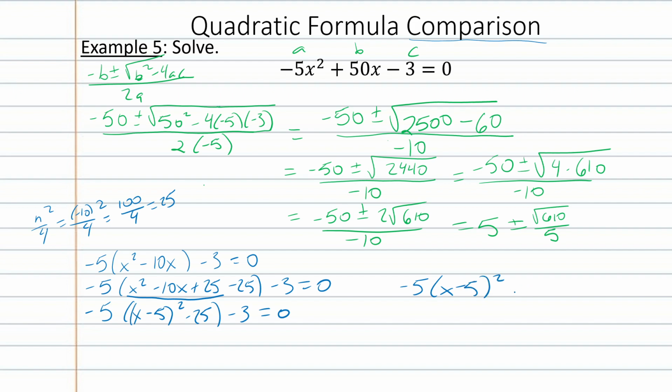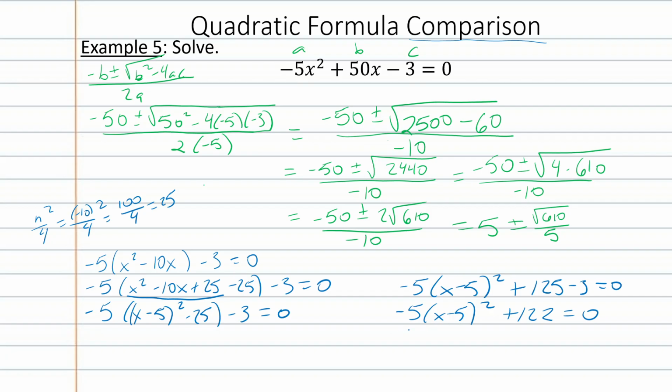And then negative 5 times negative 25 is going to give us positive 25 times 5 is 125. Minus 3 equals 0. Now this gives us negative 5 times x minus 5 squared, 125 minus 3 should give us 123. No, 122, equals 0.